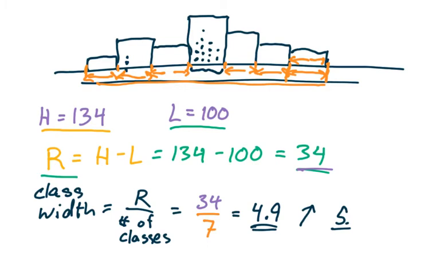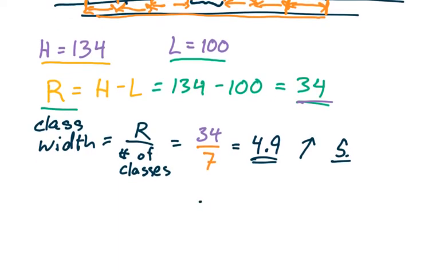Even if the number of classes divided into the range a whole number of times, we would still bump it up. So even if we did this division, let's suppose it was 35 divided by 7, that would go in exactly 5.0 times, but we would still have to bump this up to the next highest whole number.